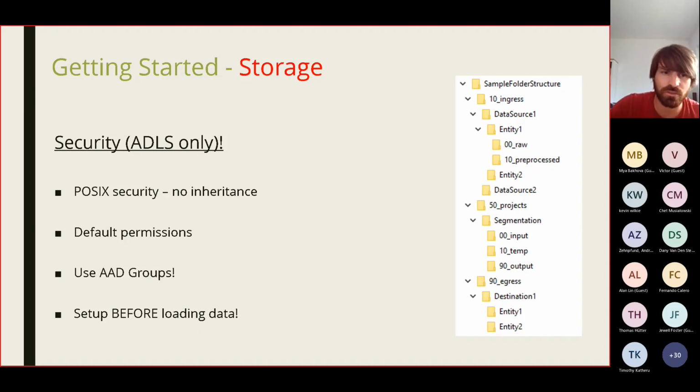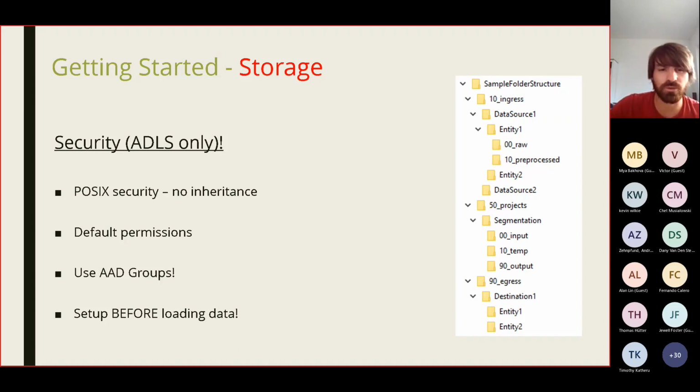What you can do though is use so-called default permissions, which will be applied to every new item that is created under the folder or directory where the default permissions are applied. But that's a very important part actually, because this only works properly if you set up your security and your permissions before you're actually loading data.